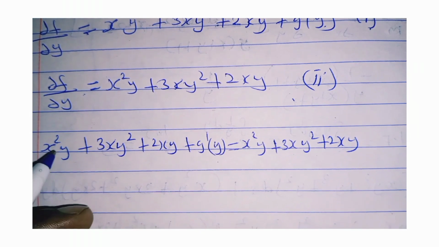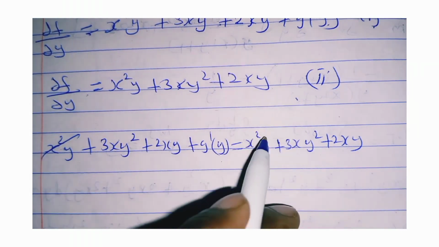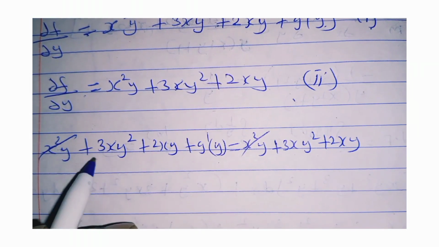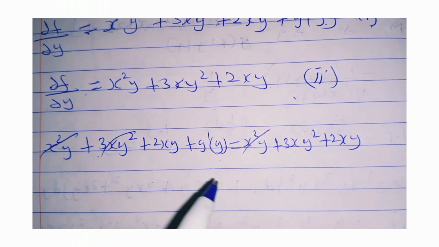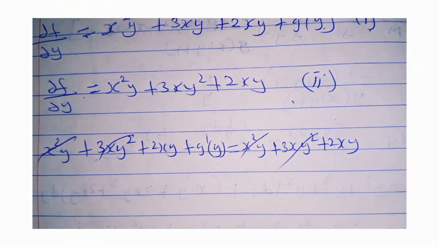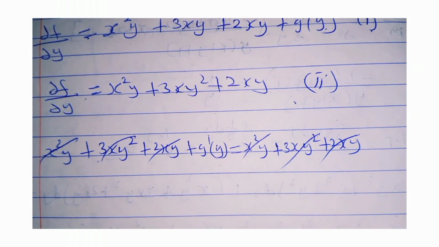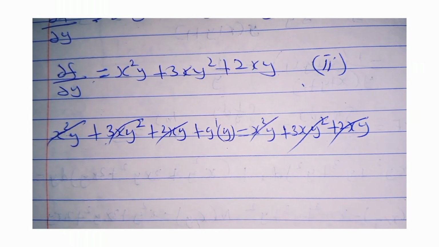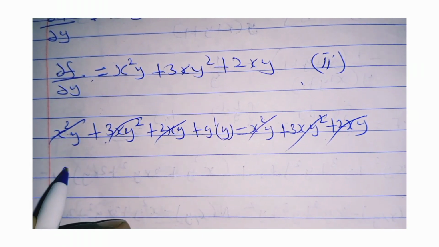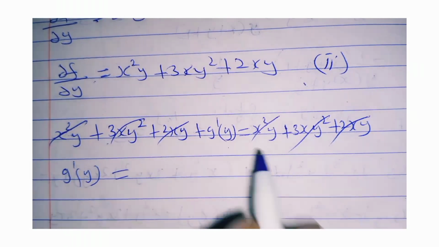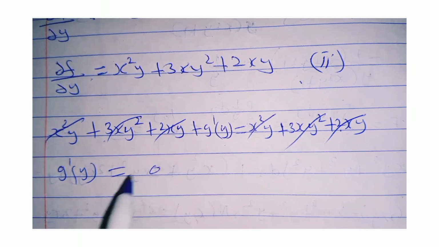Then you can see x squared y is on both the right side and the left side, so you can cancel them. 3xy squared is also on both sides. Also 2xy is on both sides, you can cancel them. So on the left hand side you will be left with g prime of y, and on the right hand side we are left with 0.